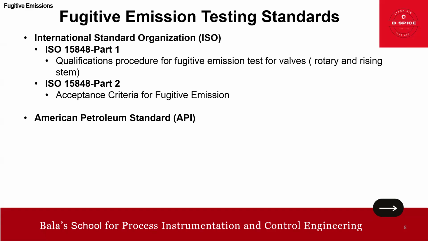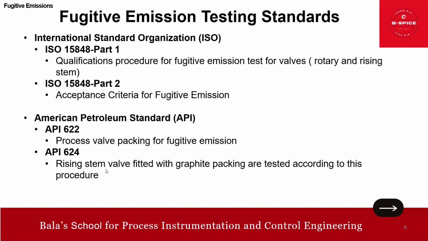Then when we talk about API, the American Petroleum Institute, API 622 talks about process valve packing for fugitive emission. Then API 624 talks about the rising stem valve fitted with graphite packing and tested according to this procedure.